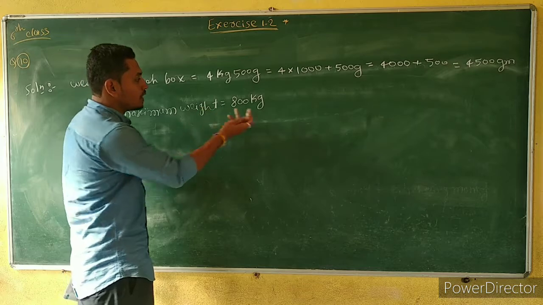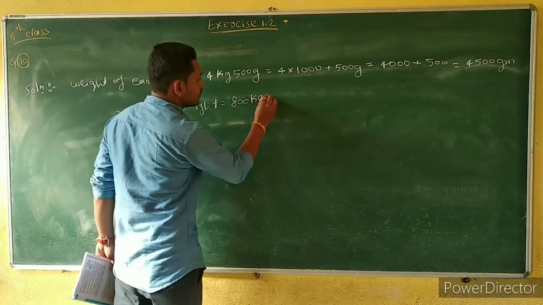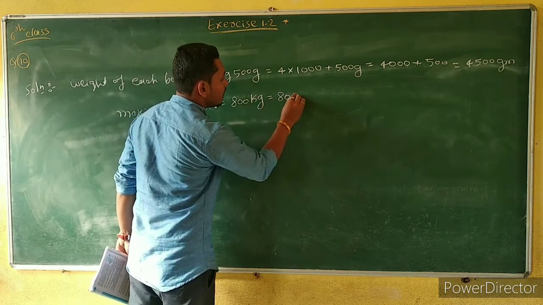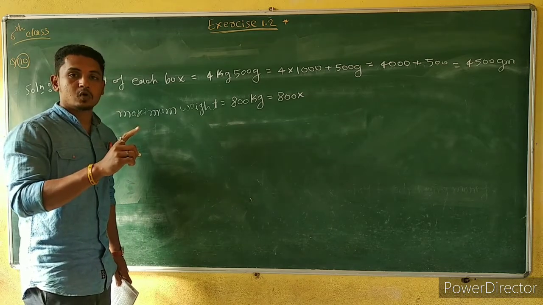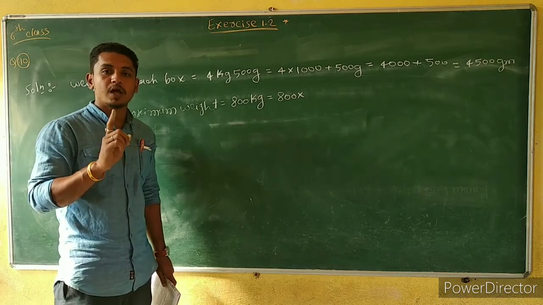Now we have to convert this kg into gram. 800 kilogram means 800 into 1000, since 1000 gram makes 1 kilogram.